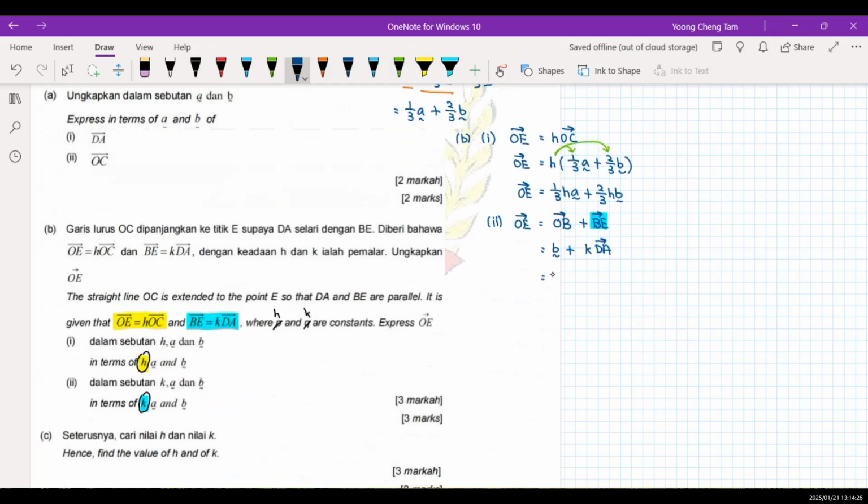After that, equal to B plus K. Usually the vector you can get from the previous question, same with the OC just now.